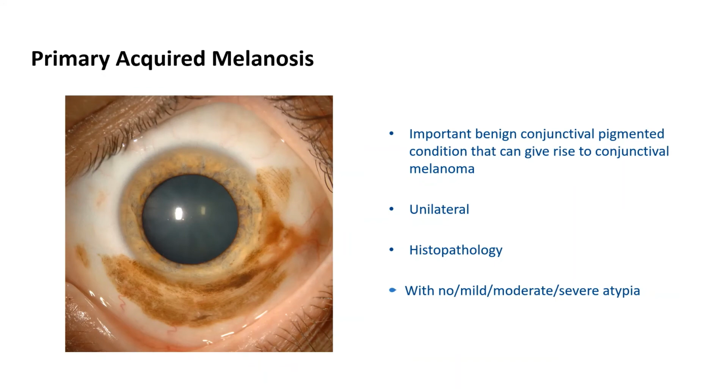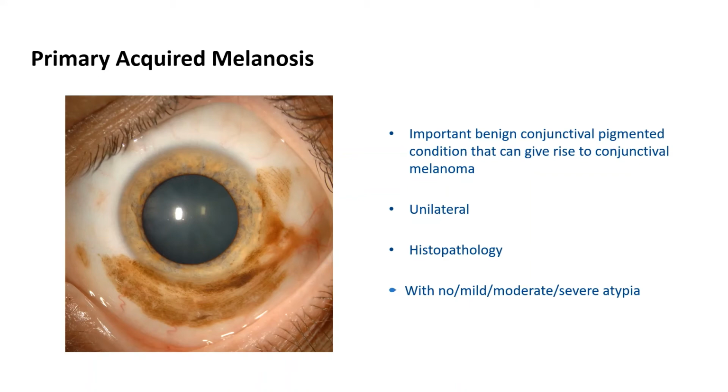A very important diagnosis is one of a condition called primary acquired melanosis. We call this PAM for short. Technically, this is a benign condition, but the importance of it is that this increases the chance for a patient to develop conjunctival melanoma if you have PAM.